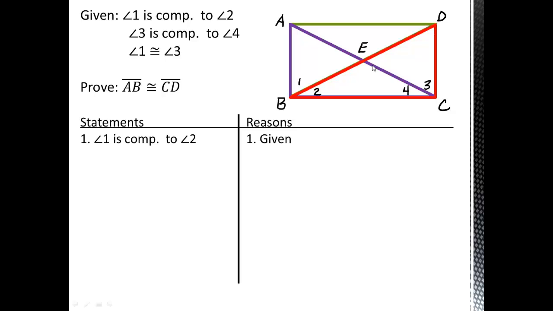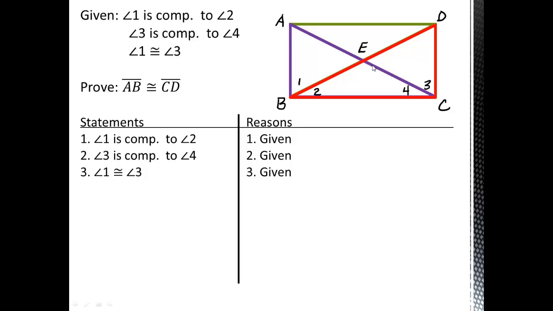So our first statement is that angle 1 is complementary to angle 2. That's a given. Second statement is that angle 3 is complementary to angle 4. Also a given. And lastly, that angle 1 is congruent to angle 3, which is a given. So we've got these three, and by themselves we really can't do a whole lot with it.